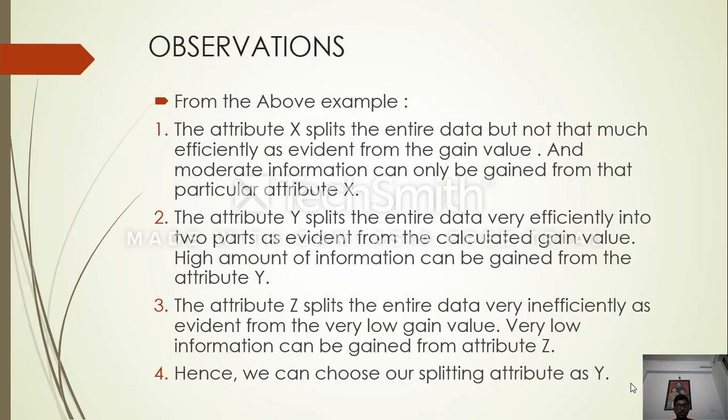The attribute z splits the entire data very inefficiently, as is evident from the very low gain value, that is null. Very low or null information can be gained from attribute z. Hence, the information gain algorithm will choose attribute y as the best attribute from which recursive splitting can be performed.